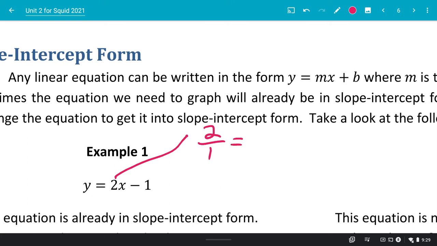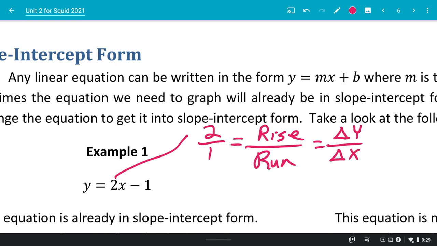Because remember that slope or rate of change is always the rise over the run, or the change in the y over the change in the x. The rise and the run. So we like it to be a fraction. Even if it's a whole number, we like to write it as a fraction because then you know your rise and your run. And then what is my initial value?